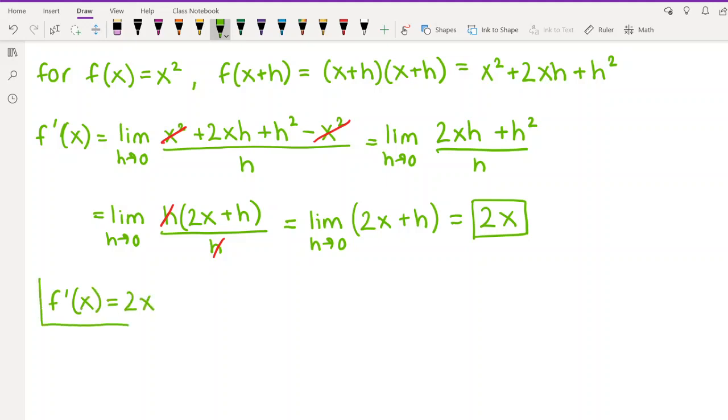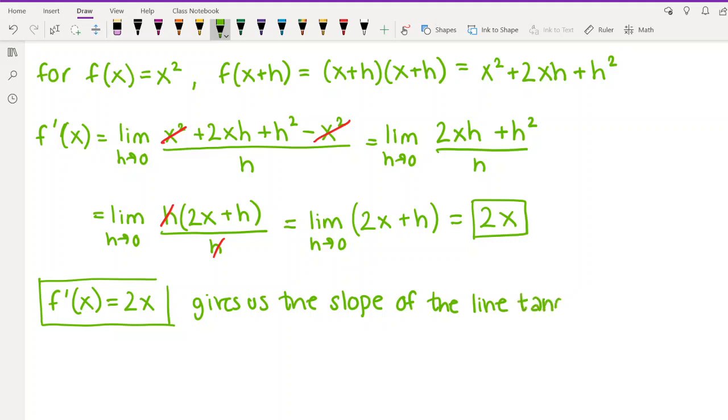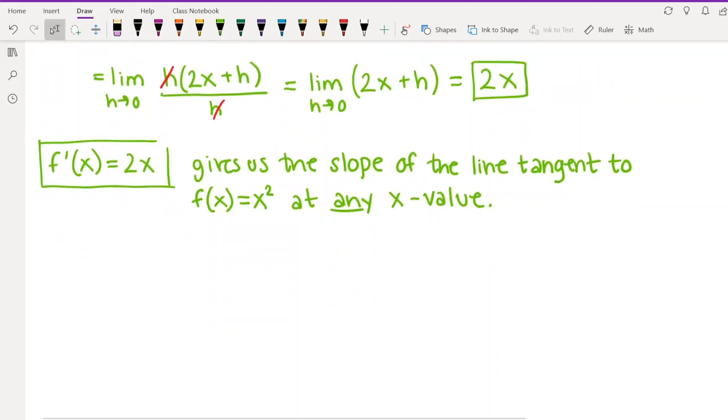And this gives us the slope of the line tangent to f of x equal to x squared at any x value. So all we have to do is plug the x value we're trying to find the slope for into this function.